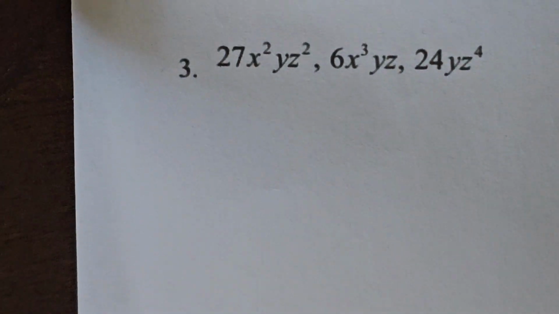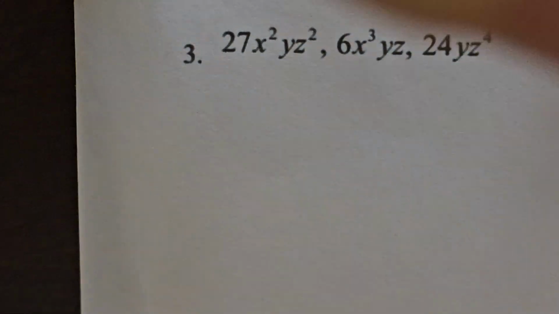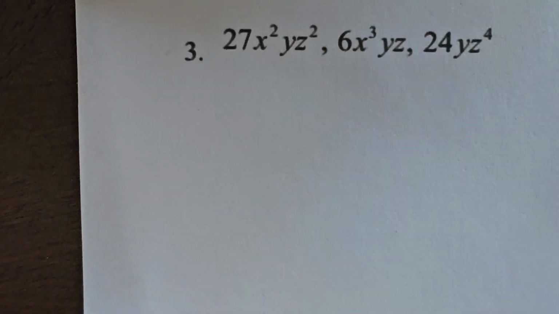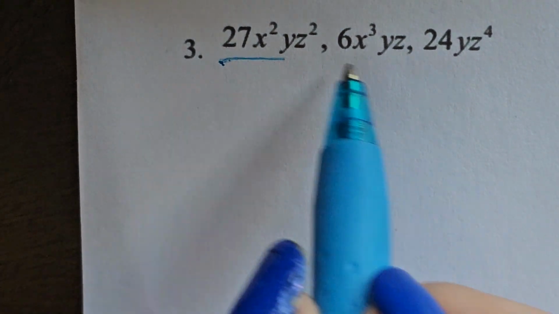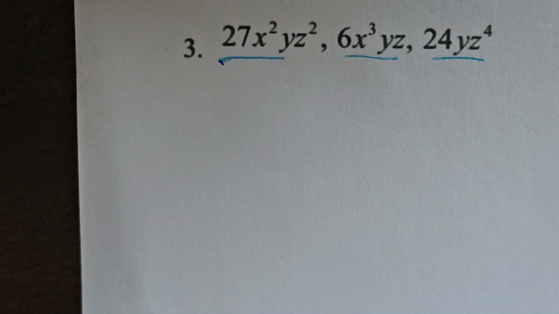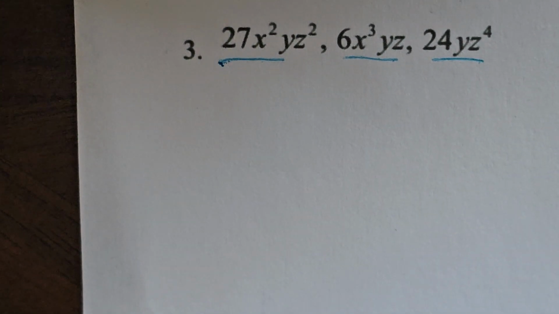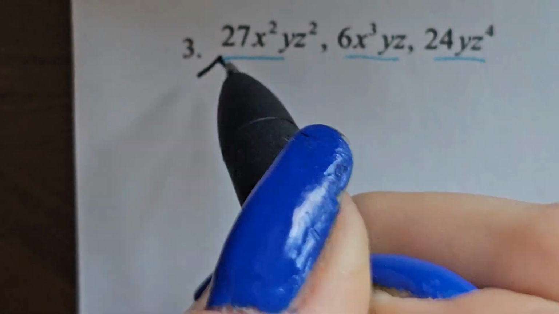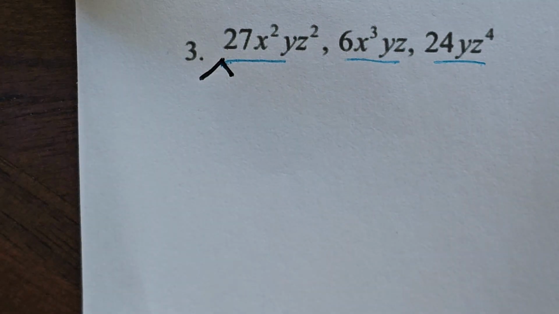So 3, same thing, except the problem is there's 1, 2, 3 terms now that we are working with, not just 2. So now we're working with 3, okay? So let's go ahead and start our factor trees. Well, first of all, I'm noticing the first one, 27, is definitely not an even number.